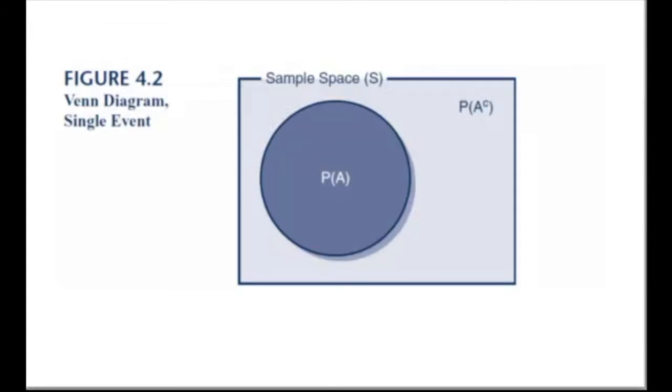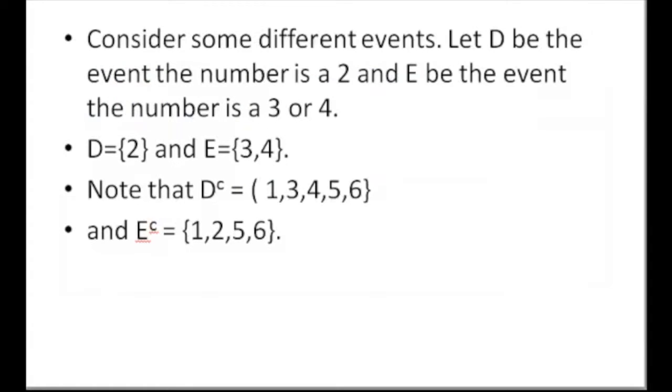We can represent the event in a Venn diagram. The rectangle is the sample space, the dark area is the event A, and the complement is the light area outside of A. Consider some different events. Let D be the event the number is a 2, and E be the event the number is a 3 or 4. D is the set of 2, and E is the set of 3 and 4.